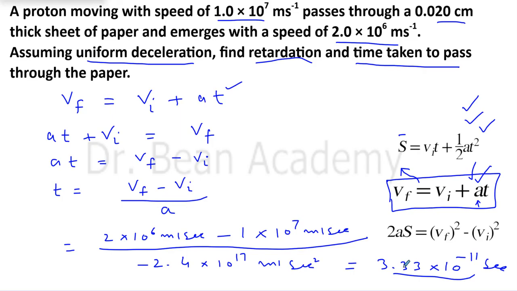Of course we can understand this because the velocity of the proton was very high, and if velocity is high, it would take a very short time to pass a thickness of 0.02 centimeter. So now we have calculated both quantities, acceleration and time. And by the way, you can try to get this time using the other equation and let me know how you feel.